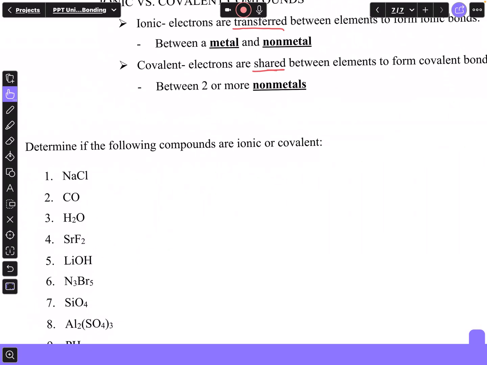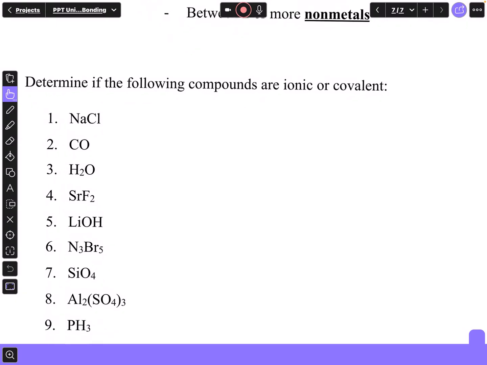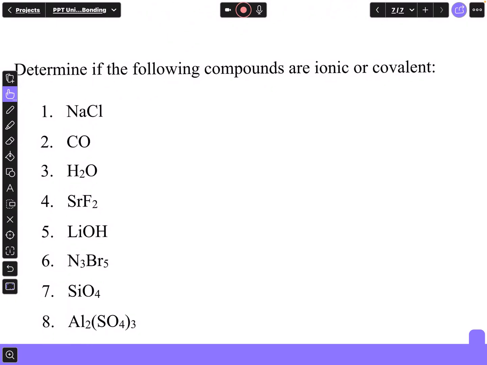So we can look at a compound's formula and tell if it's ionic or covalent. There's a way of doing this based on electronegativity. That was something we talked about in the last unit. It's the ability of an atom to attract electrons, and nonmetals are a lot more electronegative than metals. Metals lose electrons and nonmetals gain them.